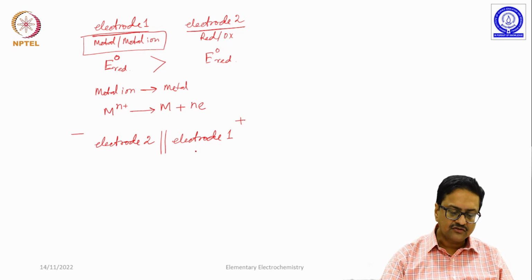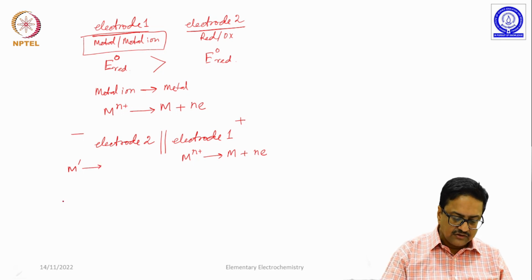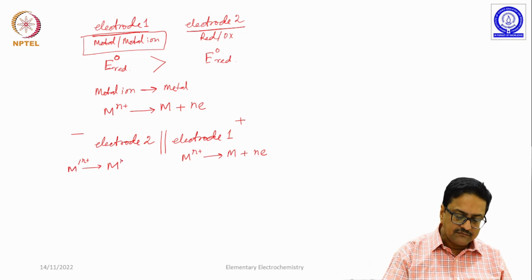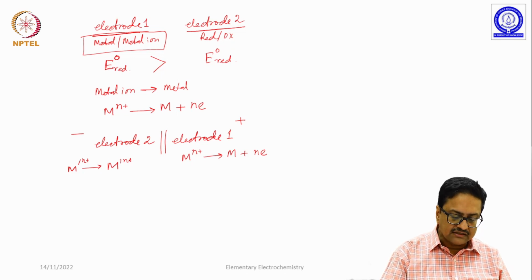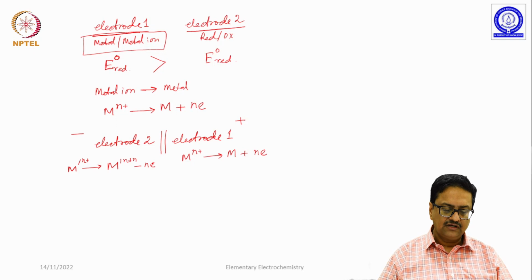So here in electrode 1, you will encounter the reduction of the metal ion to the corresponding metal, whereas in electrode 2, some other metal M prime will get oxidized from its, say, n plus state to M prime, by releasing n number of electrons, right?